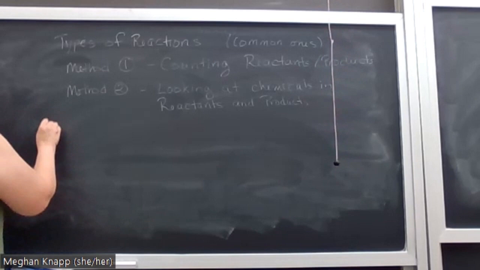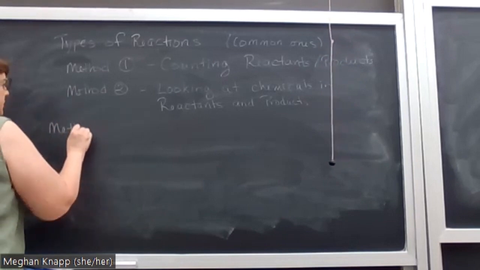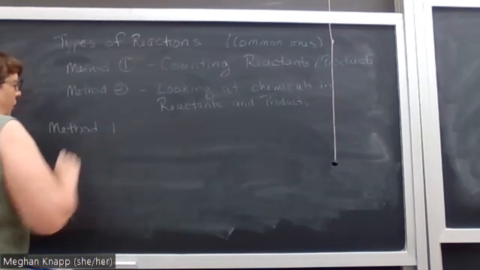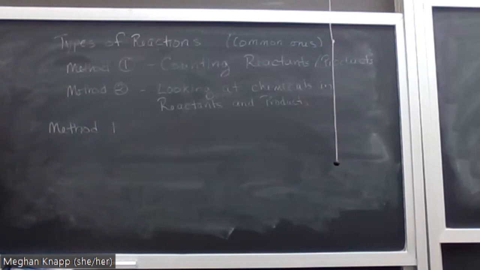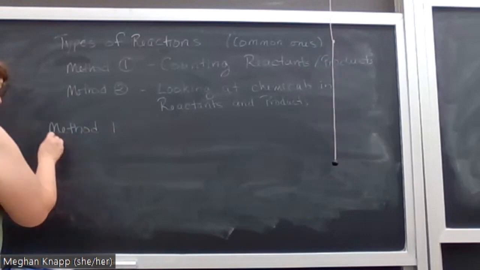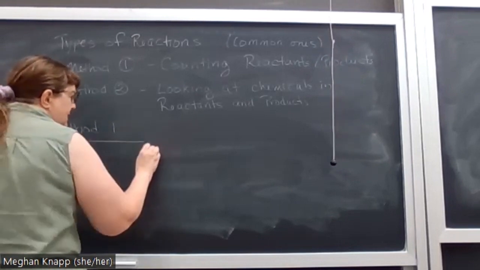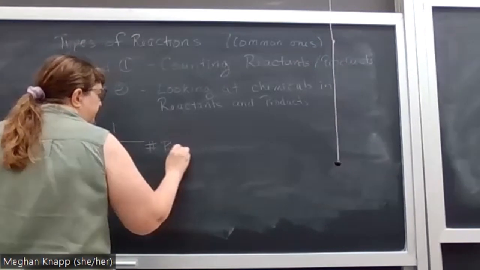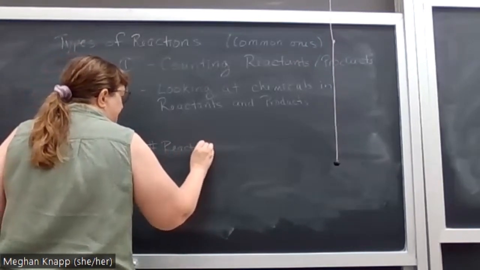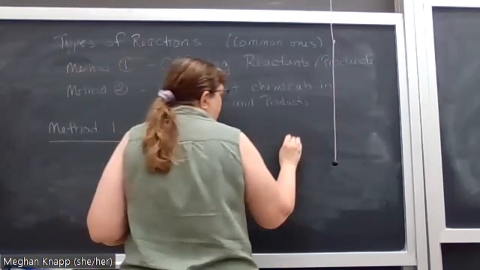So with method 1, we have basically 3 options. Either we are combining things, we're breaking one thing apart, or we're switching places. So we want to know how many reactants and how many products.